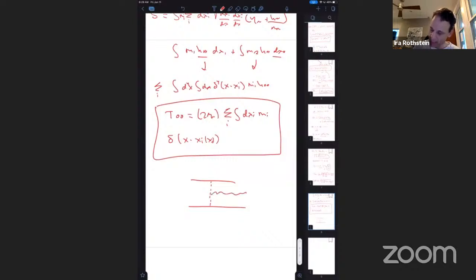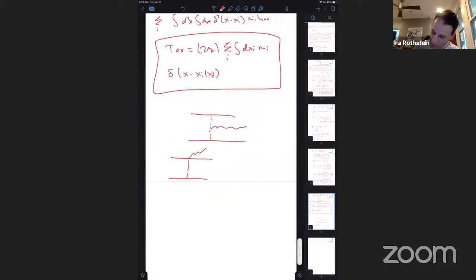So if you included this term in the effective action and read it off, all that's going to do is change m to m plus V. So now h00 is going to couple to the total, because the potential energy contributes to the coupling to h00.